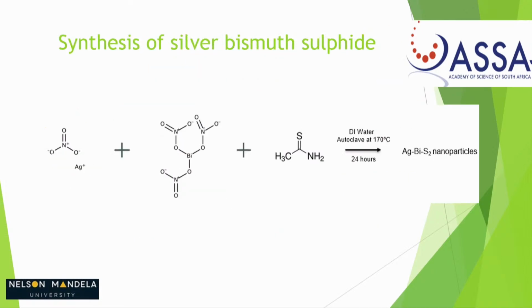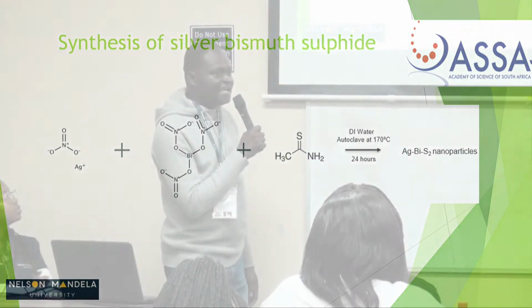And that being said, we now think, okay, let's look at different materials. Different materials have been synthesized to trap the sunlight that will be needed for this tetracycline remover. What we've done in our lab here at Nelson Mandela University is to use silver nitrate with bismuth nitrate, and we use a solvent.